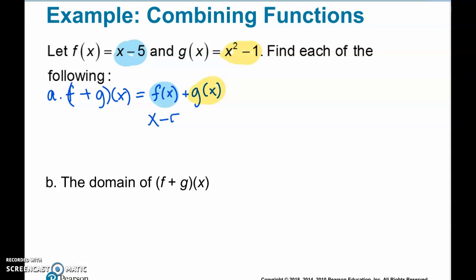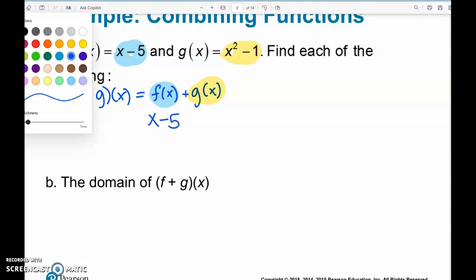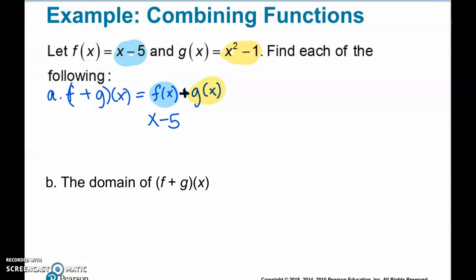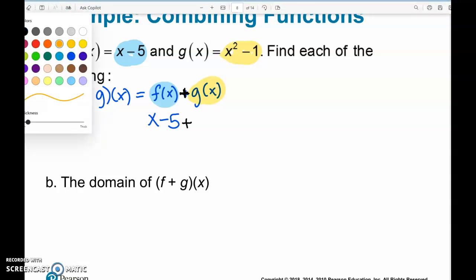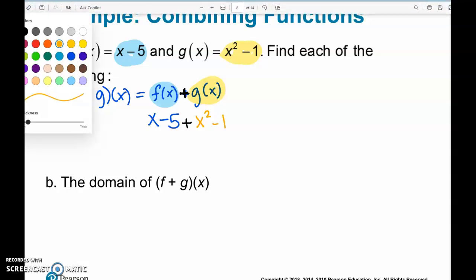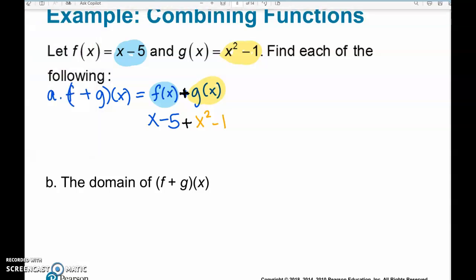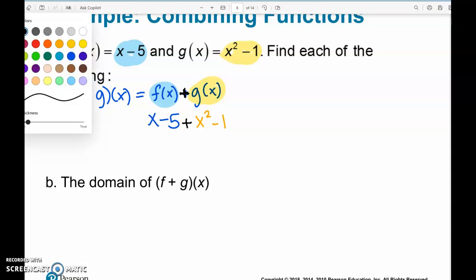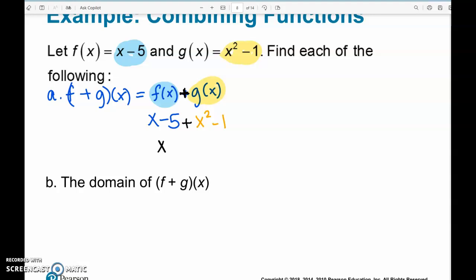So f of x is the same as the expression x minus 5. And then I'm going to add it to g of x. And g of x is the expression x squared minus 1. And then I'm going to combine any like terms. So in the case here, when I add them together, I'm just going to write them in descending order, which means the highest exponent to the lowest.